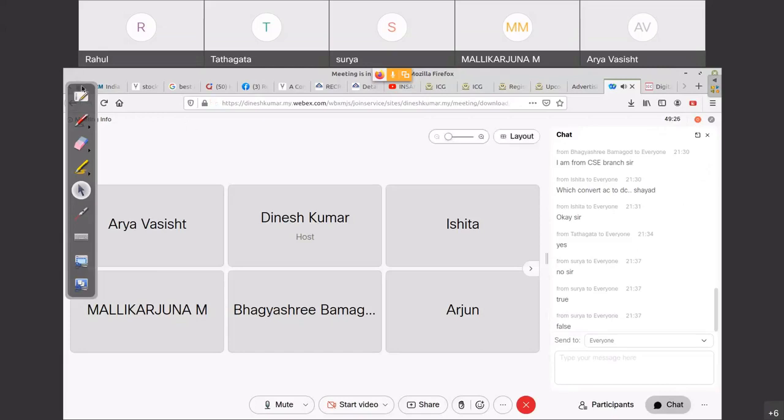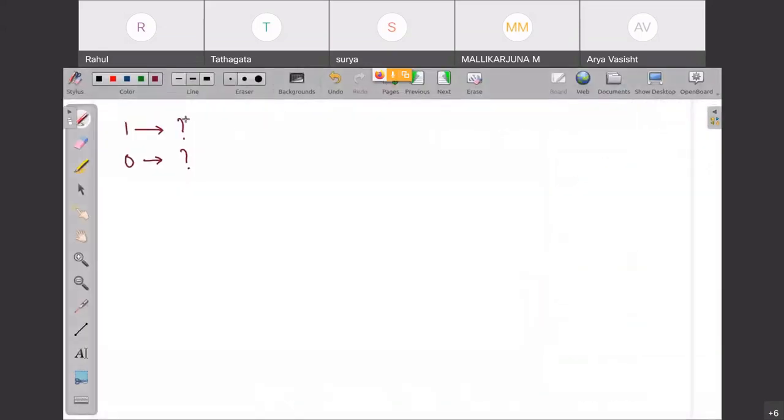Most of you might be thinking, like Surya said, that 1 corresponds to true and 0 corresponds to false. This is in the computer science domain. In the electrical domain, usually this corresponds to high and this corresponds to low. But this is not generally true.